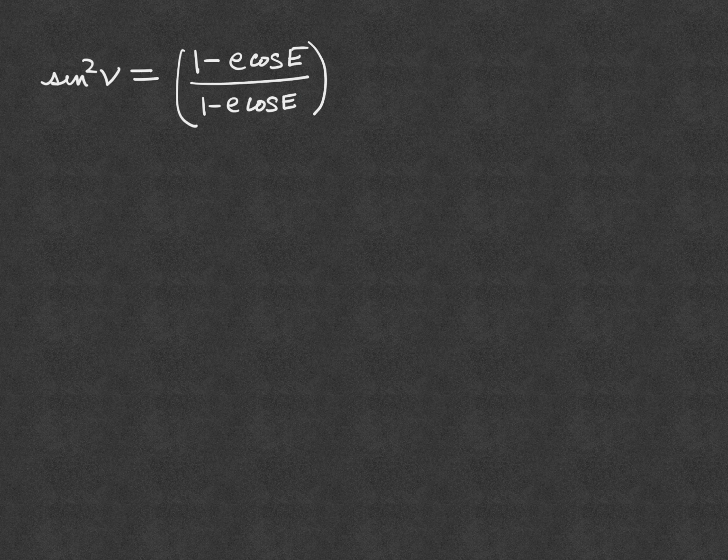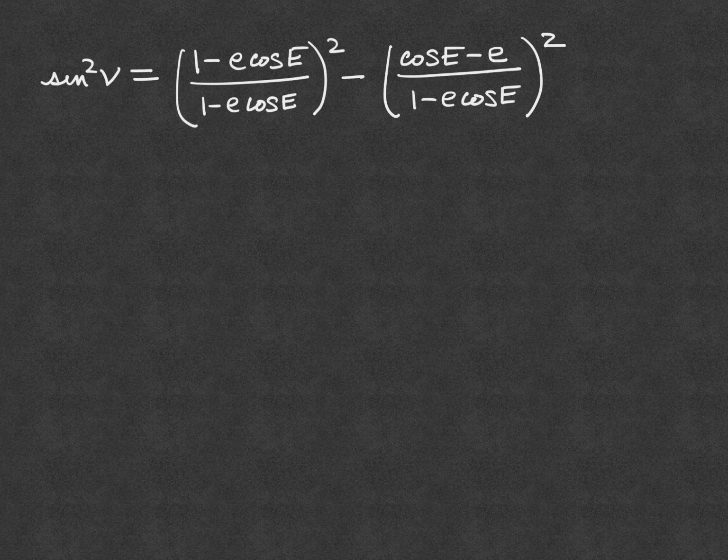So the last expression can be written as sine squared nu is equal to (1 minus e cosine E) all divided by (1 minus e cosine E), the whole thing squared, minus (cosine E minus e) all divided by (1 minus e cosine E), the whole thing squared.